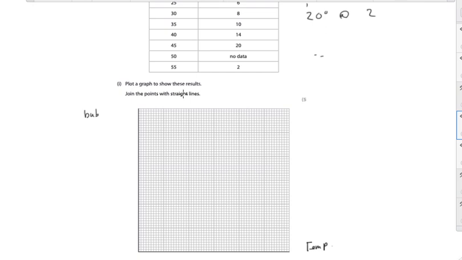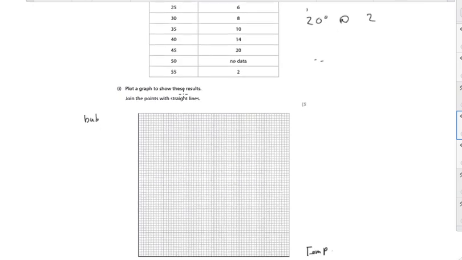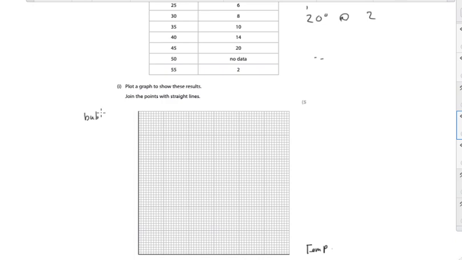Why is that not working again? It's being really glitchy. Okay, so we've got going from 20 to 55.